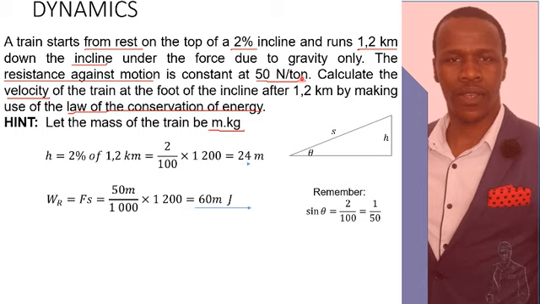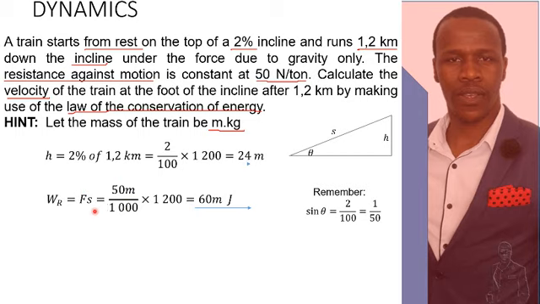Ton is equal to 1000 kg, so we have 50 over 1000 kg. Then we are multiplying this 50 by m kg. Then kg and kg will cancel out. We are left with no kg at all. That's what we have for FR.